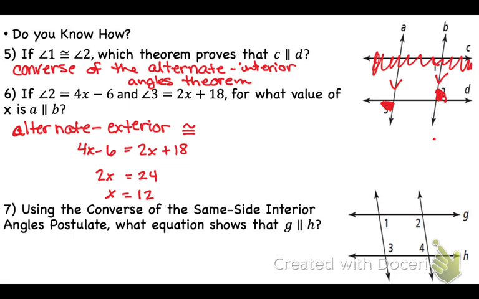Okay. Using the converse of the same side interior angles theorem. I think they're all theorems on the other side, yes? Yep. What equation shows that G is parallel to H? So we need to use the same side interior angles theorem.